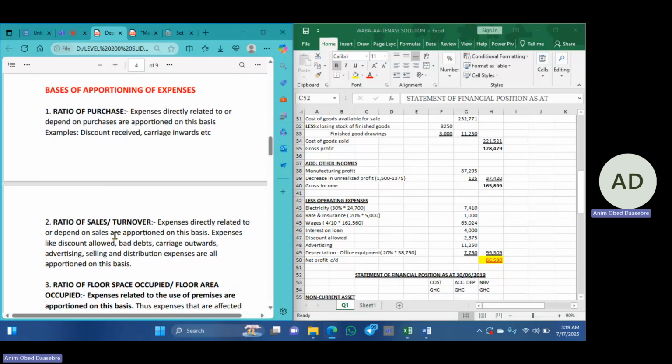So we are going to use the ratio of sales for the departments to do the apportionment to share among the two departments, that is the sales department and the manufacturing department. You get it? So they'll give us the ratio and you do that over there.